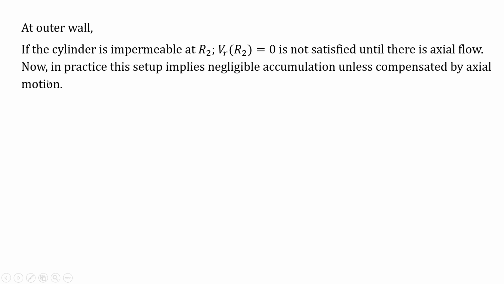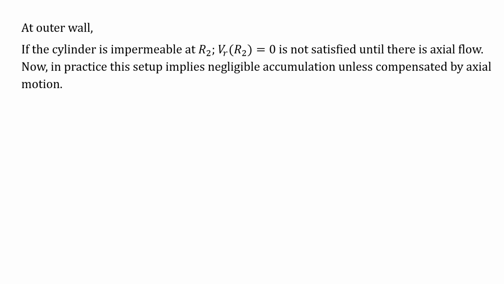Now if cylinder is impermeable at R2, Vr at R2 equal to 0 is not satisfied until there is an axial flow, because the liquid which is being thrown outside should escape somewhere. So this setup in practice implies negligible accumulation unless compensated by an axial motion.